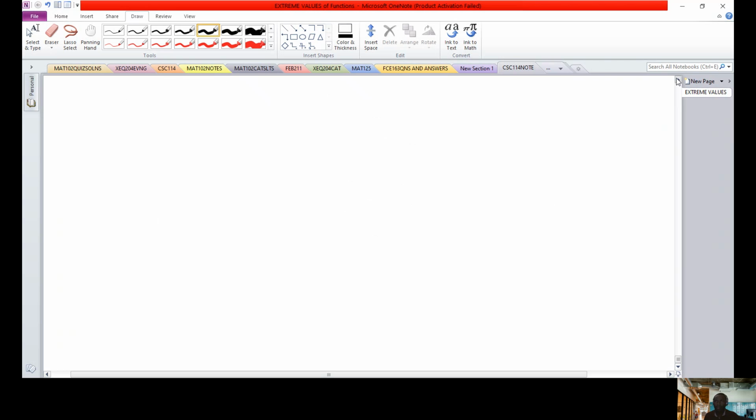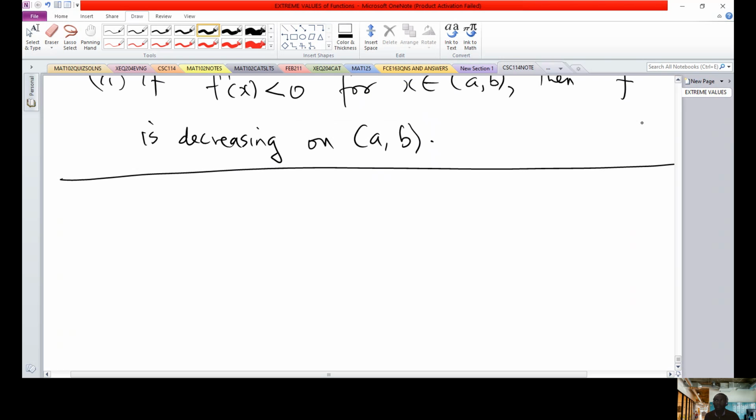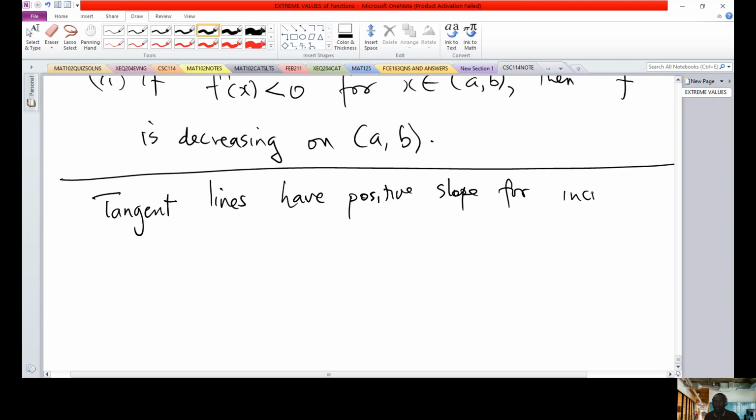And then you say the tangent lines have positive slope for increasing functions. So I can draw some sketches here.